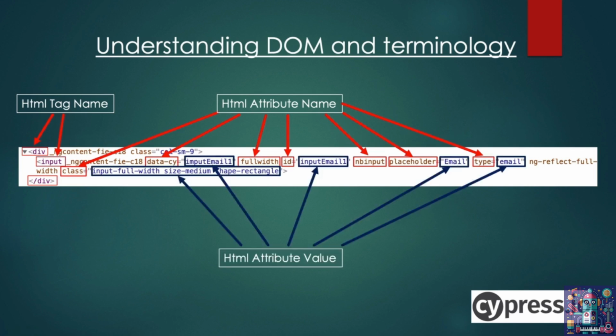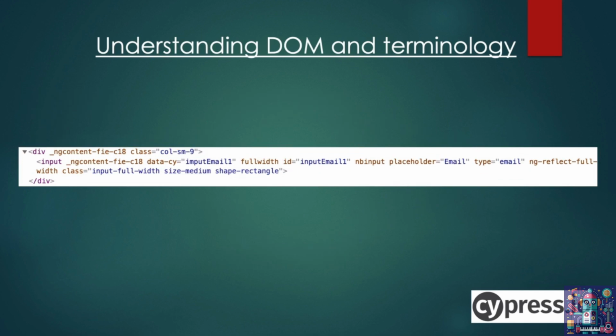HTML attributes have values, and they are usually highlighted in blue. Sometimes HTML attributes have values and sometimes they do not. For example, this HTML attribute name placeholder has a value email, or the type attribute has a value email as well. But the novalidate input HTML attribute does not have a value, but it is an attribute as well.